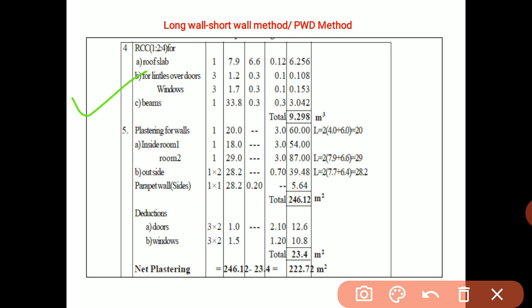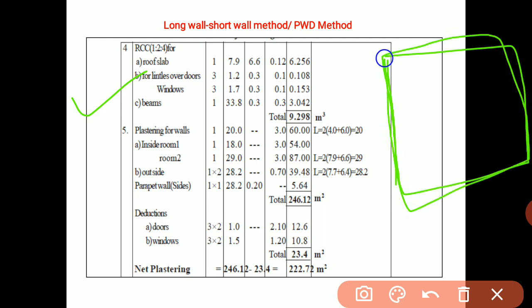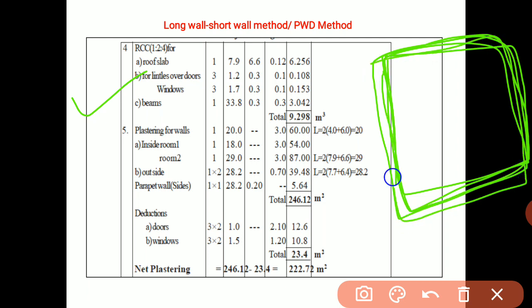This is the beam, this type of perimeter we are going to construct. Just imagine a load bearing structure, and this is the perimeter of it. So the beams are not actually RCC or steel type beams that we provide over here.